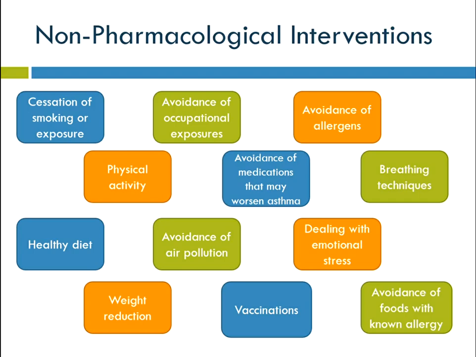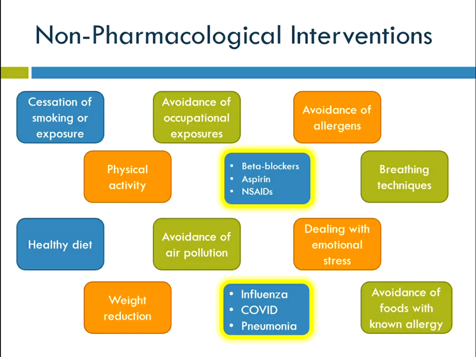So we'll talk about avoiding triggers. Just be specific about which trigger is appropriate. Physical activity, avoiding medications that may worsen asthma. So those are your beta blockers. That's your aspirin. That's your NSAIDs. That's your ACE inhibitors. Too much of a short-acting beta agonist. It sounds counterintuitive. We'll actually talk about it tomorrow. But increased use of SABA increases your risk of future exacerbations.